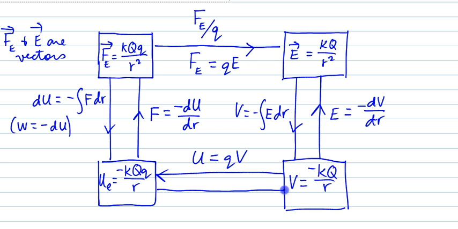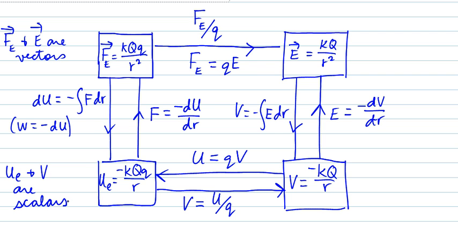And likewise, if I take the potential energy and divide by test charge, I get my electric potential, which is my potential energy per unit test charge. So I guess what I've done here is just kind of filled in some of the relationships that connect these four quantities together. And now we see also that these two, potential energy and voltage, they're scalars.